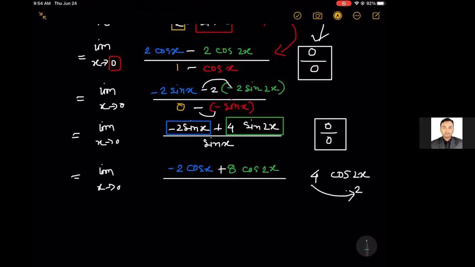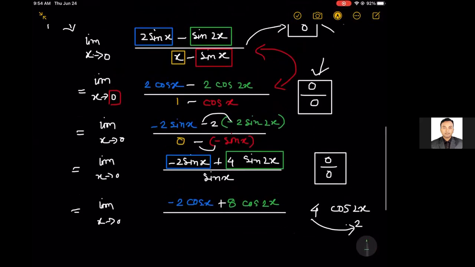Any question from this? Anyone? If you are wondering how I am getting this, please let me know. Don't move forward without understanding this part. I mean, how do I get 8 cosine 2x from 4 sine 2x? Obviously it's the derivative, but how to actually get it? Don't just trust me.